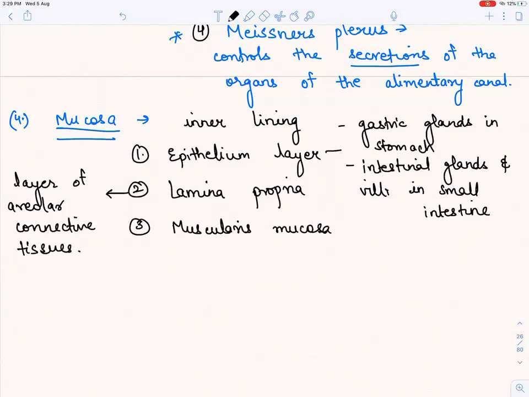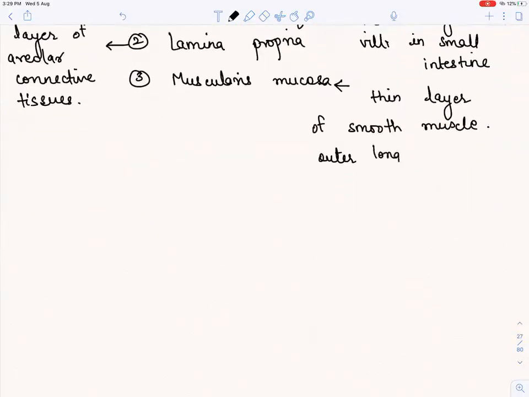And muscularis mucosa is a thin layer of smooth muscle, arranged in the same manner, outer longitudinal and inner circular muscles, right?